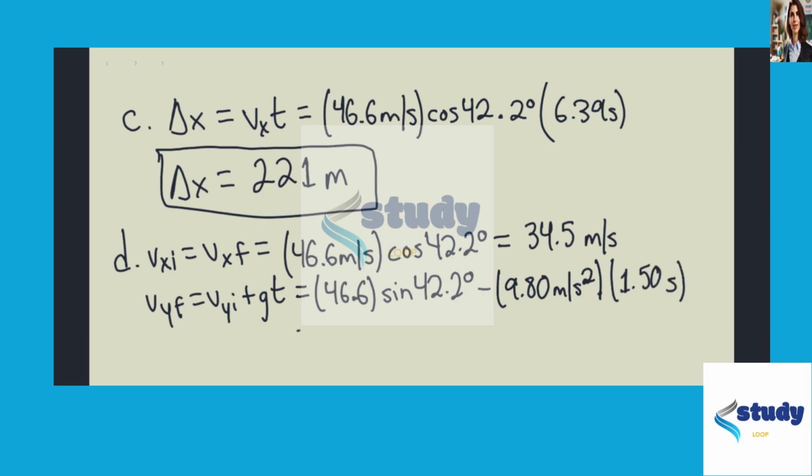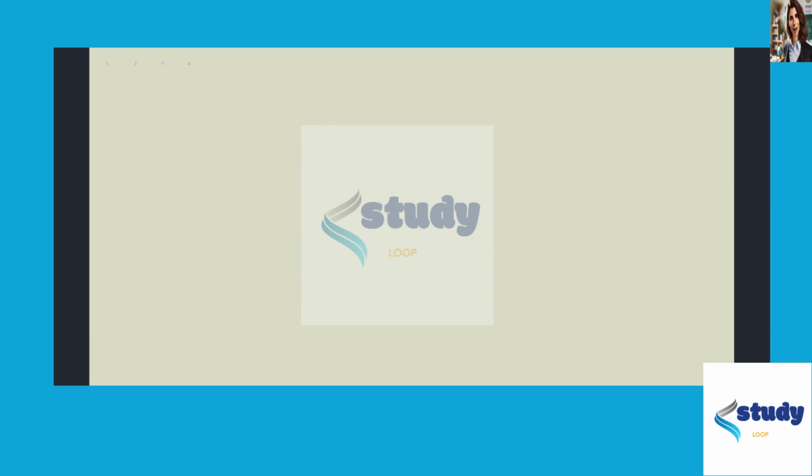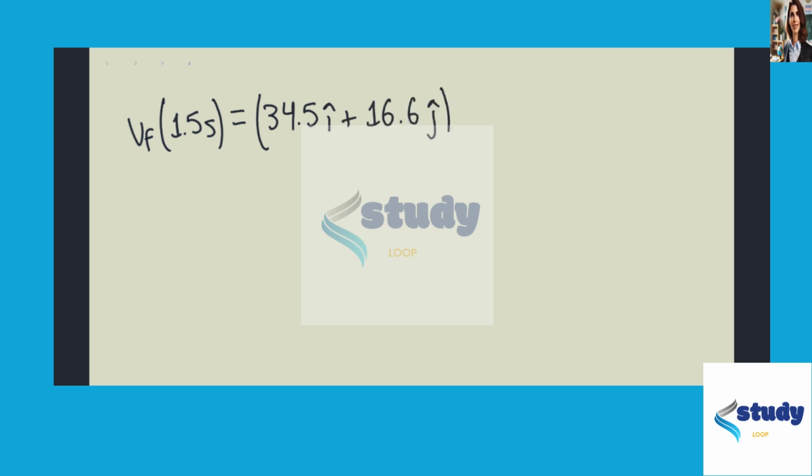And this is equaling 16.6 meters per second. So let's write it in vector notation. We can say that the final velocity at 1.5 seconds would be equal to 34.5 i hat plus 16.6 j hat, and then the units, of course, would be meters per second.